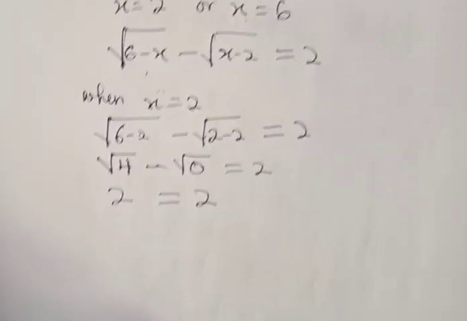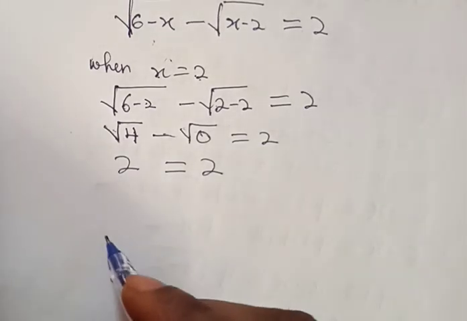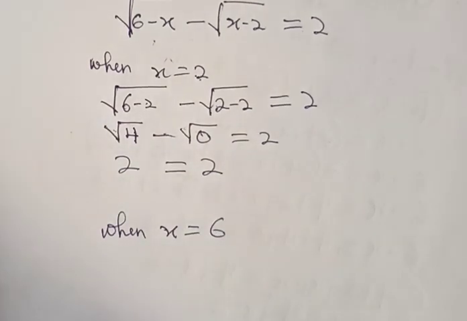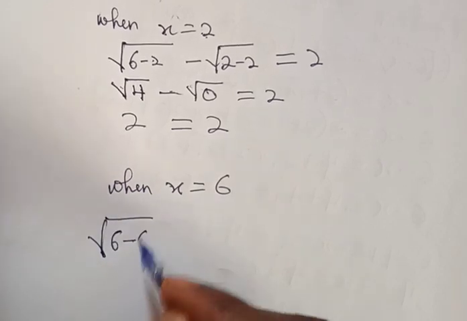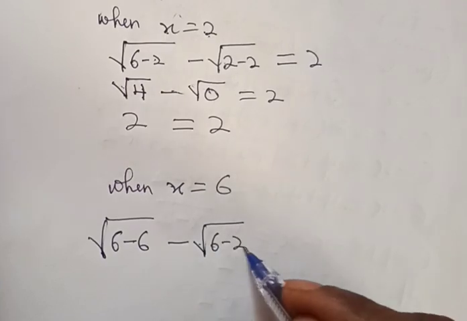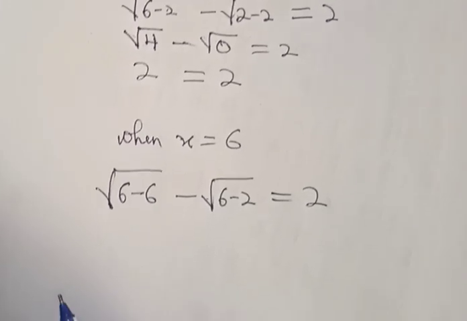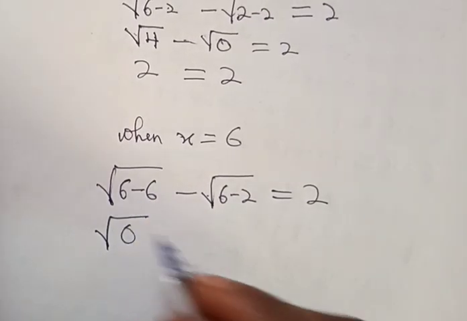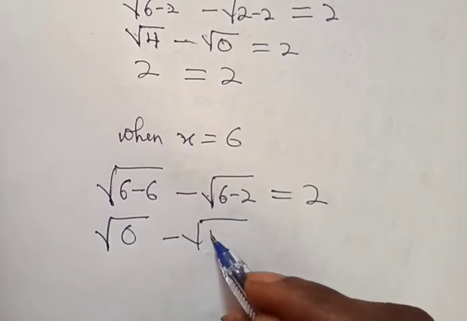Now let's test for the 6 as well and see if it also satisfies. So when x is equal to 6, I'll write my square root of 6 minus 6 minus square root of 6 minus 2, which is equal to 2. So we have 6 minus 6 gives me 0, minus 6 minus 2 gives me 4.